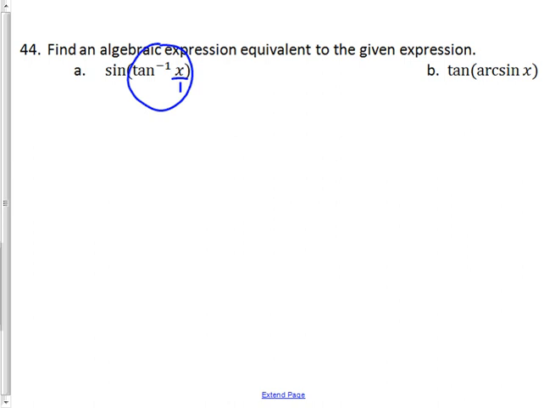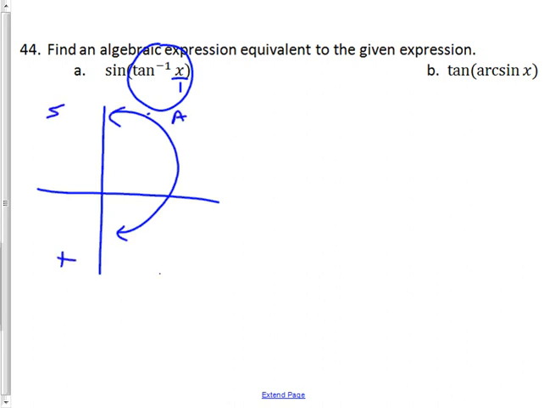So I start by saying, okay, where is inverse tangent allowed? It's allowed in this zone. And all students take calc. This doesn't appear to be positive or negative for tangent. I mean, the x could be positive or negative, couldn't it? So I guess I'm going to default back to this one. I'm going to make it in this quadrant.